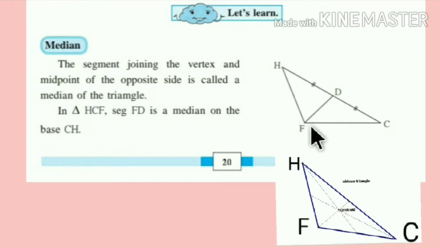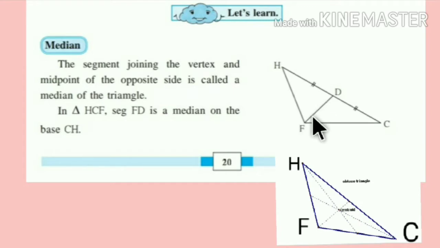So this FD is drawn from this vertex toward the opposite side, that is HC, which is the midpoint. D is the midpoint. That midpoint divides the segment HC into two equal parts. So this is called the median of the triangle.